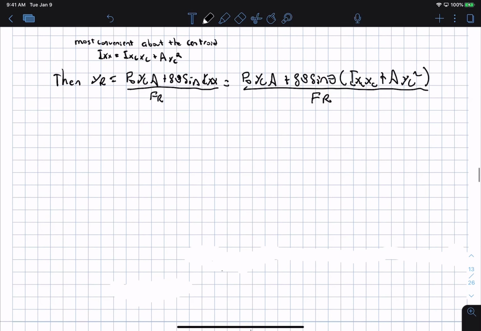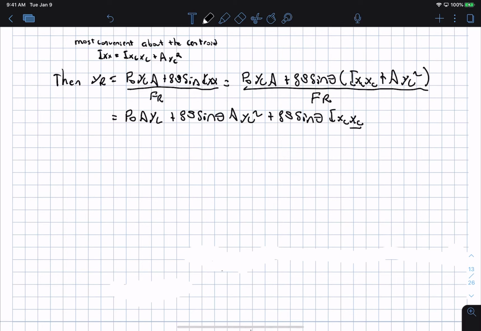So I can simplify this a little bit. This will equal P naught times area times yc plus rho g sine theta A yc squared, that'd be this term here, plus rho g sine theta times the moment of inertia about the centroid.